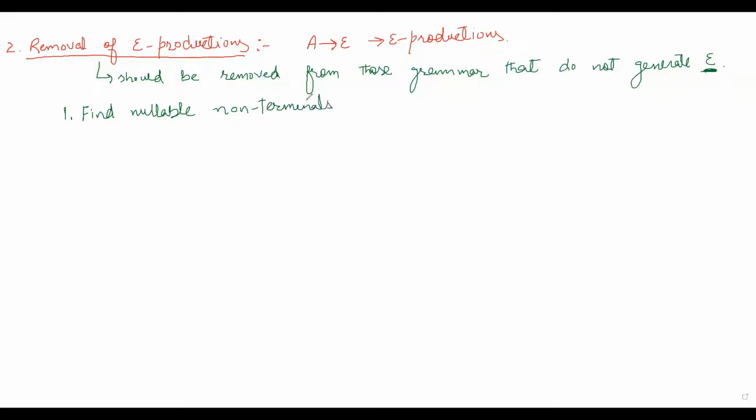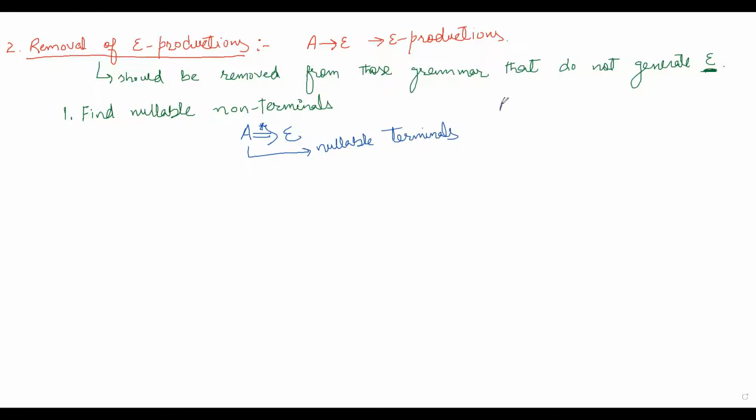So the first job is to find nullable non-terminals. Which are nullable non-terminals? Non-terminals which can generate epsilon in 0 or more steps. Those are called nullable non-terminals.